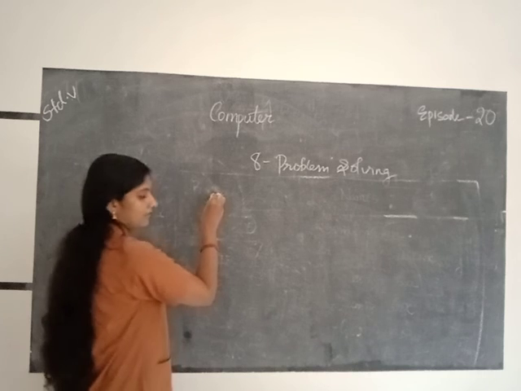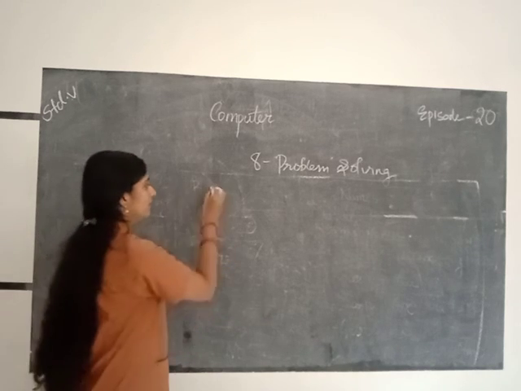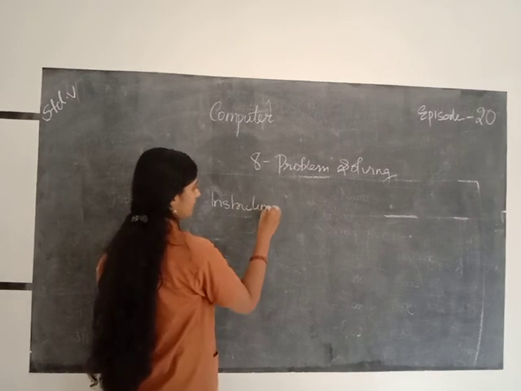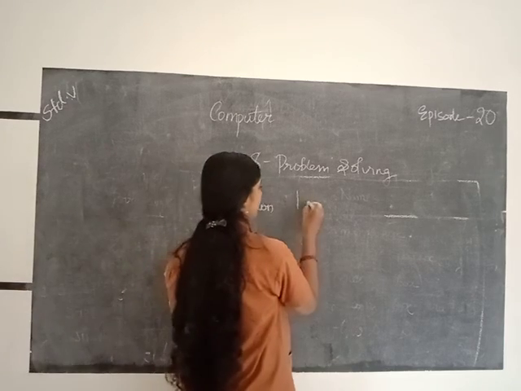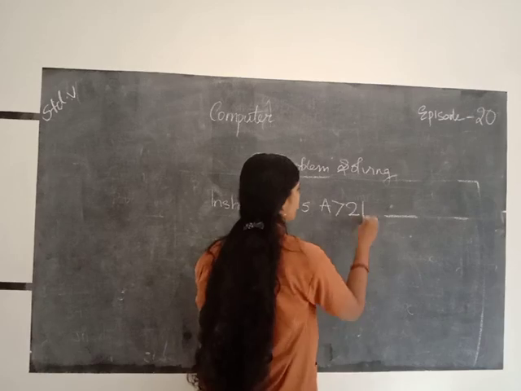So here the instruction is: is A greater than 21?